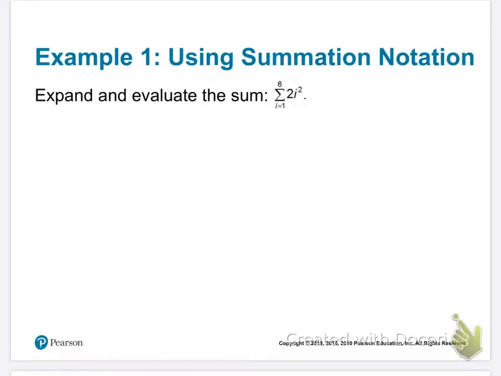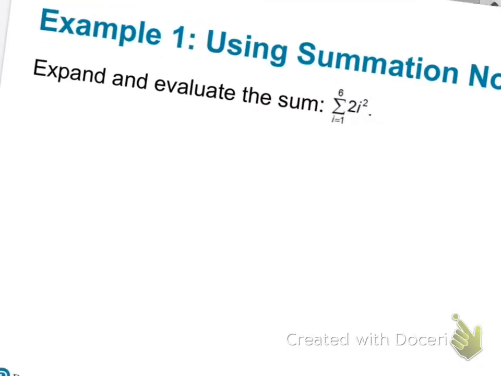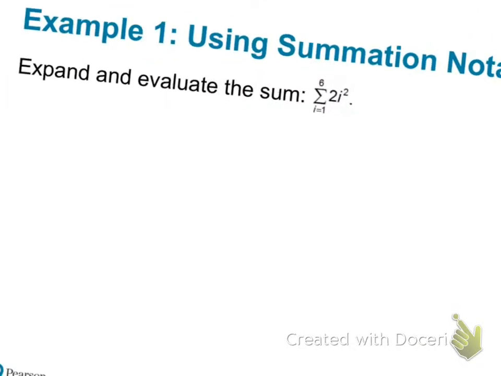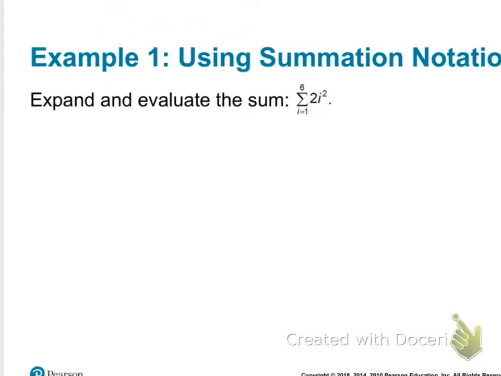So here's our first one up. You see that you have to expand and evaluate the sum. So what it wants you to do is that you have the summation of 2i squared from i equals 1 to 6, and then you're going to substitute in the value of i starting at 1 until you get to 6.